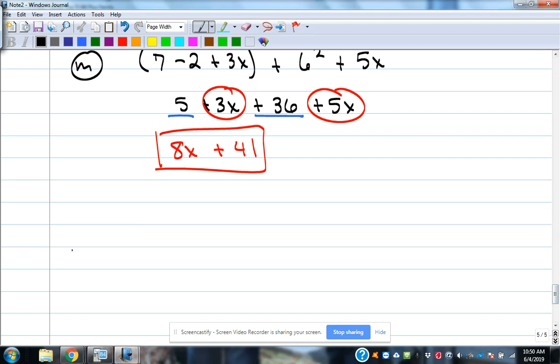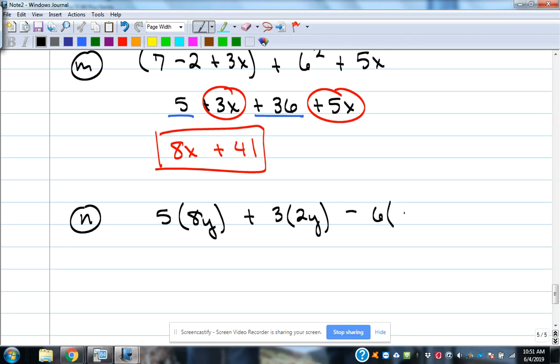Let's do one with some multiplication involved, maybe something like 5 parentheses 8y plus 3 parentheses 2y minus 6 parentheses 7.